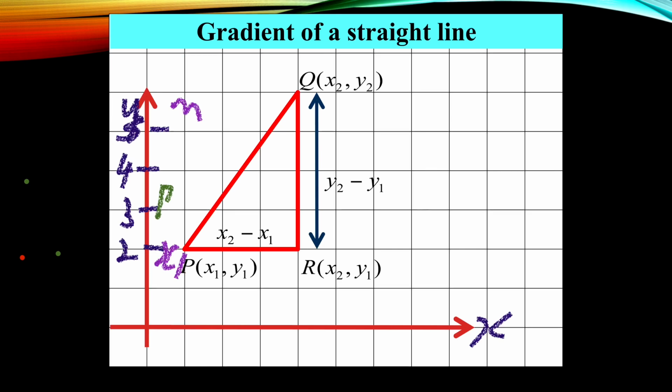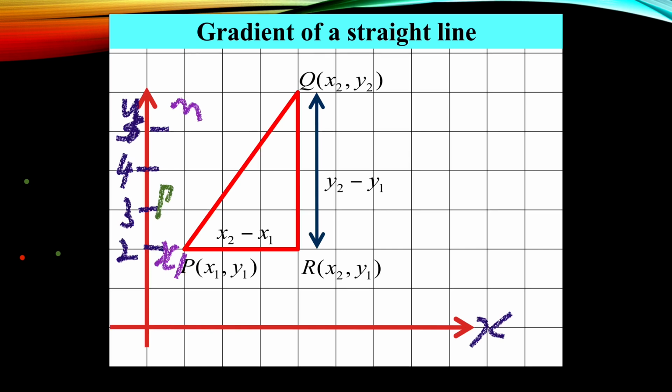So you can find the gradient using the formula y2 minus y1 over x2 minus x1, or you can work it out on the diagram, because the concept of gradient is the vertical length over the horizontal length, and if it is going down, then you have to put a negative.